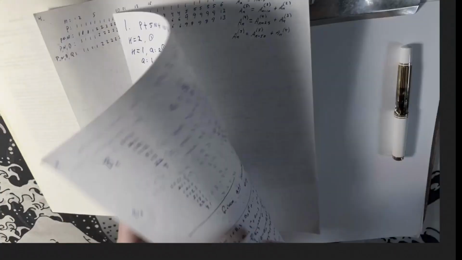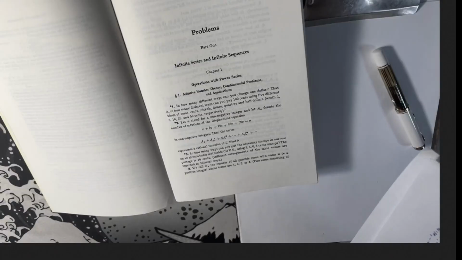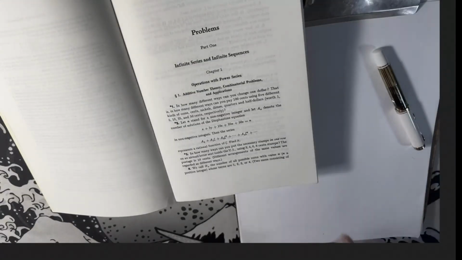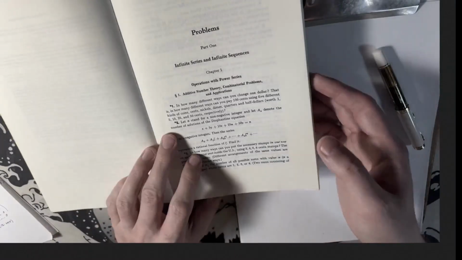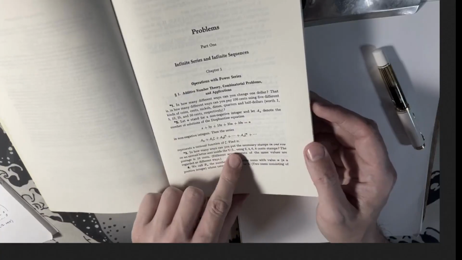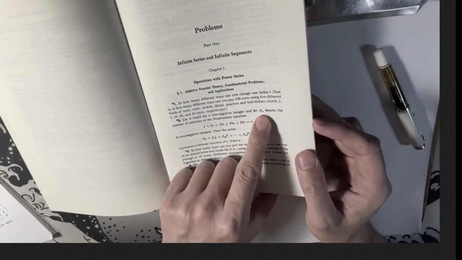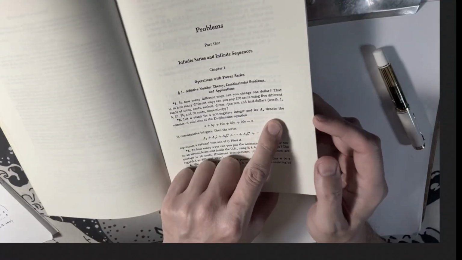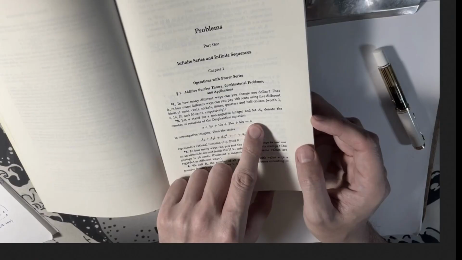Now let's see, where am I here? Some stuff I wanted to show you. Number 2 sort of generalizes this and he starts talking about generating functions. He says, let a_n denote the number of ways, the number of solutions to that equation for a total of n.